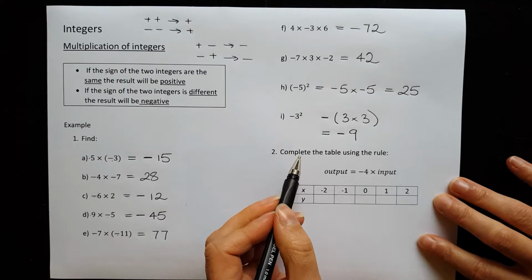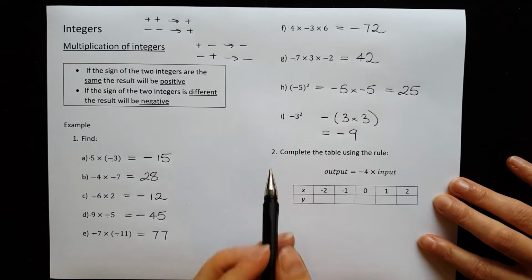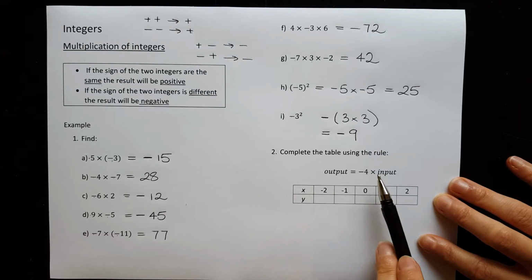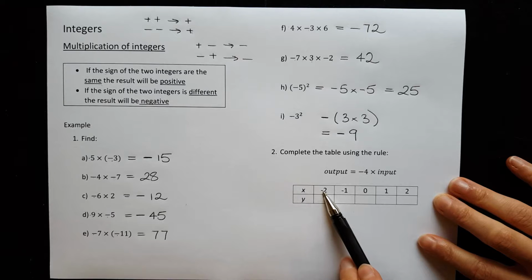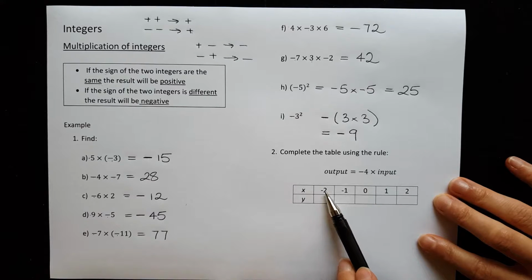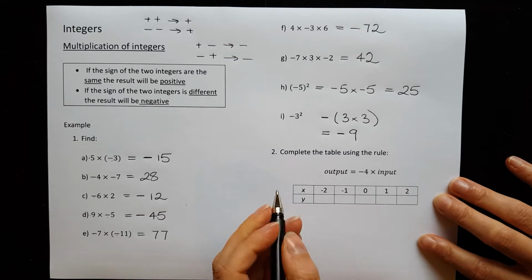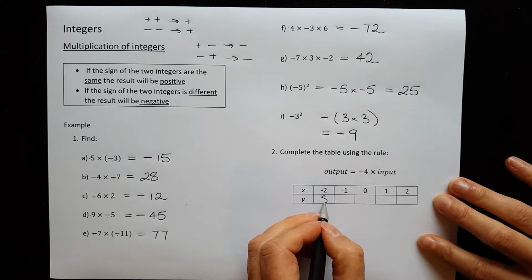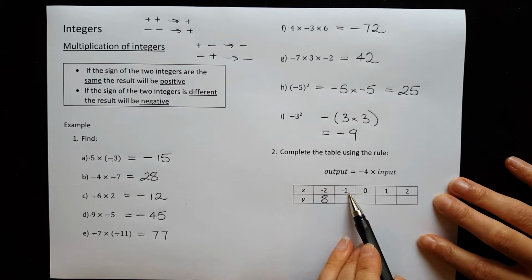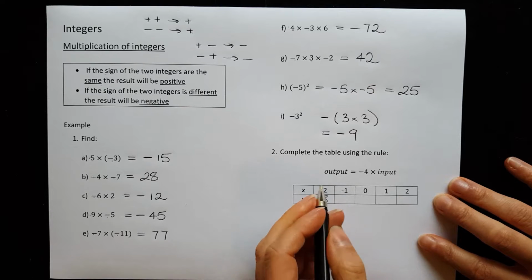Question 2, complete the table using the rule. So to find our output number, which is going to be y, we want to take our input number, which is x, and multiply it by a negative 4. So I really have minus 4 times minus 2. 2 minuses make a plus. 4 times 2 is 8. Minus 4 times minus 1. Again, two negatives make a plus. 4 times 1 is 4.